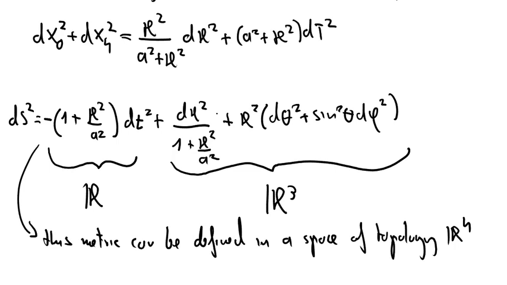In particular, if you just do the computation, you obtain a relation between this constant small a and the cosmological constant you have in the Einstein equations.